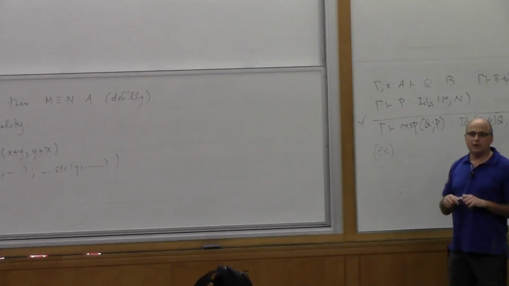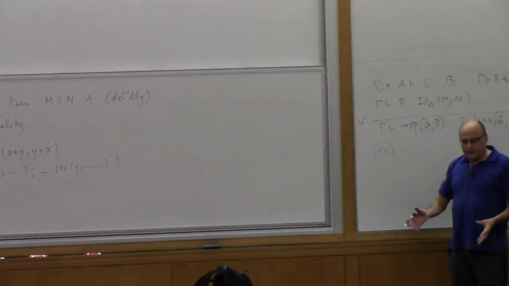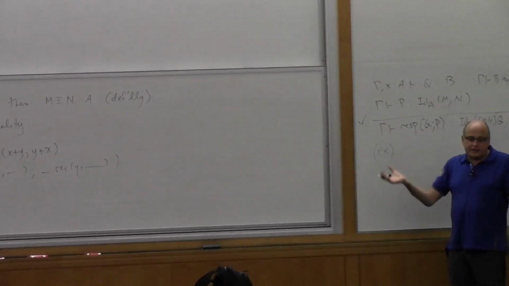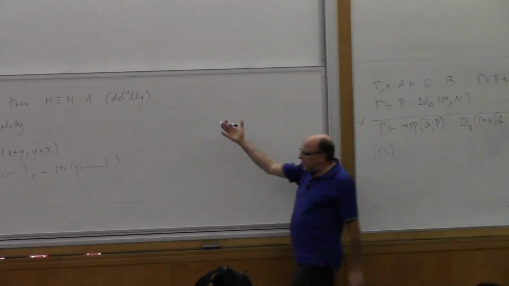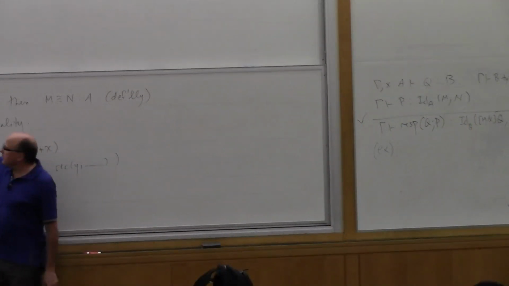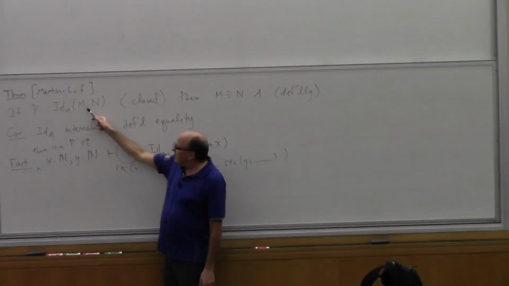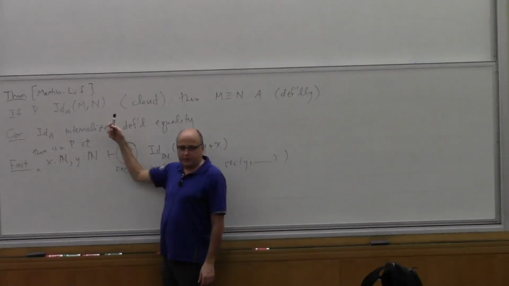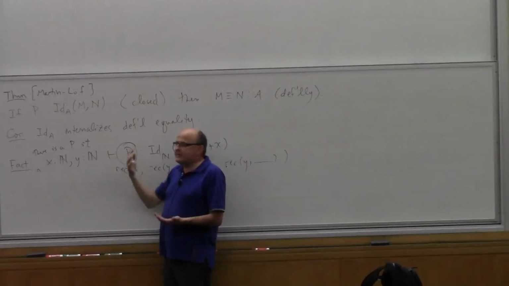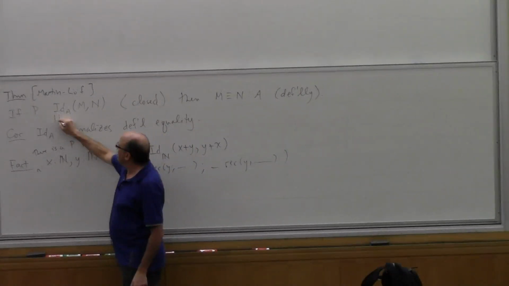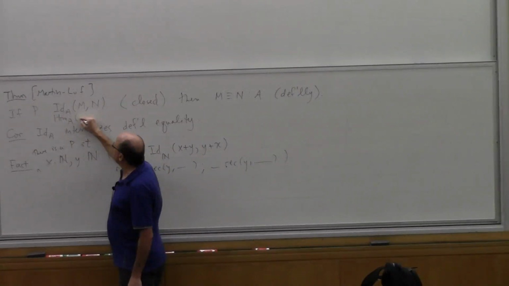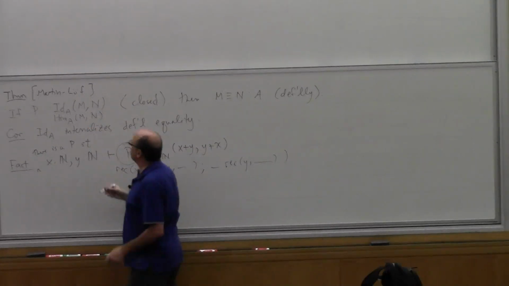You can think of these paths as mappings from M to N that transport M to N. This should be thought of as sort of hom sub A of M and N.